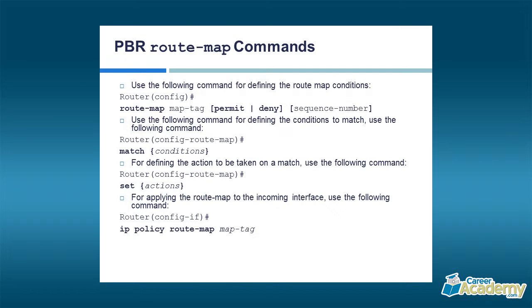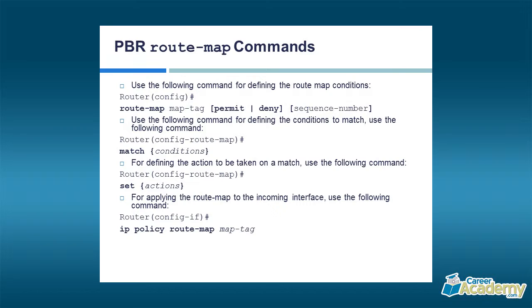PBR route-map commands. What I'm showing you here on the slide are the parameters for the route-map commands. We have, for example, the map tag that specifies the name of the route map. We have permit and deny that specify the action to be taken if the route map match conditions are met. Deny denies matched routes from being redistributed, and permit permits those same matched routes to be redistributed.